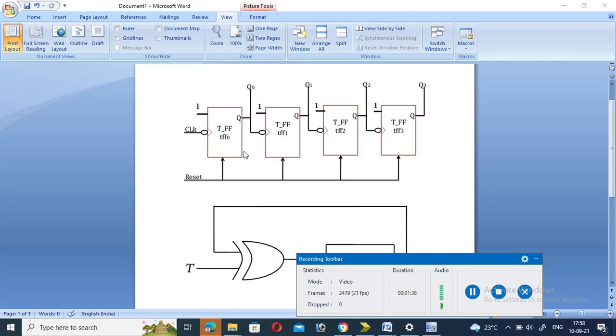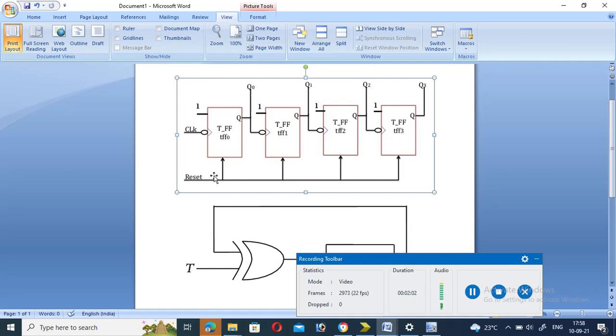But in an asynchronous counter, we apply the clock signal only to the first flip-flop. Then the output of the first flip-flop acts as the clock for the second flip-flop, and the second flip-flop output acts as the clock for the third flip-flop. This sequence is repeated in asynchronous counters.